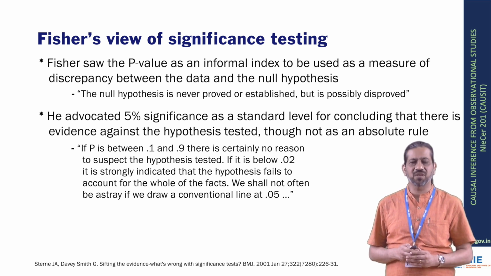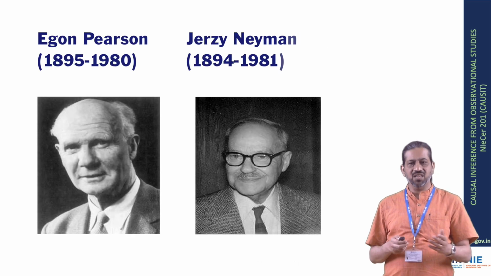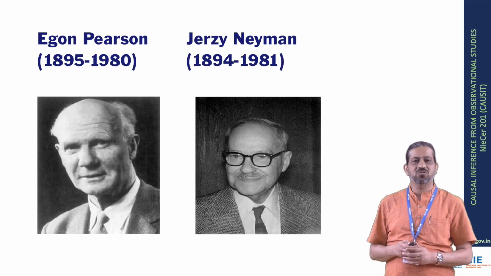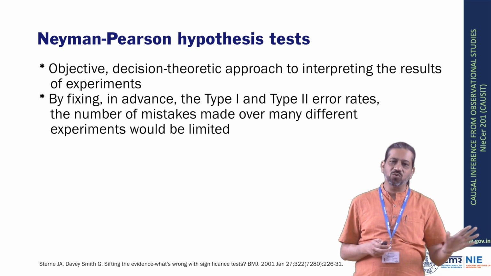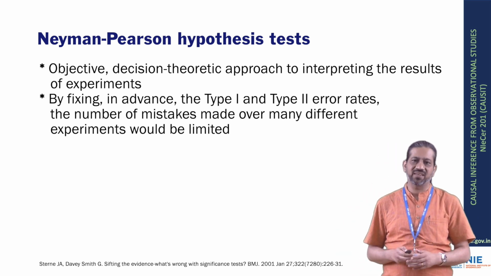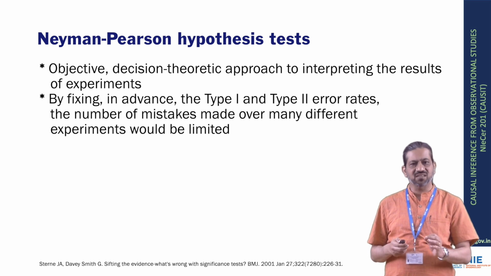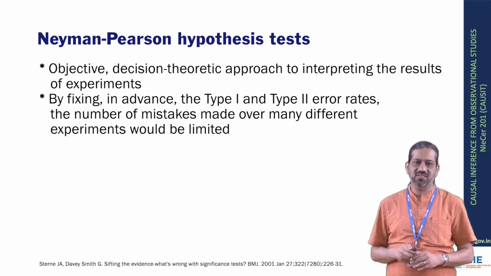approach to using p-values, led another set of statisticians, Neyman and Pearson, to propose what they called hypothesis tests. These tests were designed to replace the subjective view of the strength of evidence against the null hypothesis provided by the p-value with an objective, decision-based approach to the results of studies and experiments.